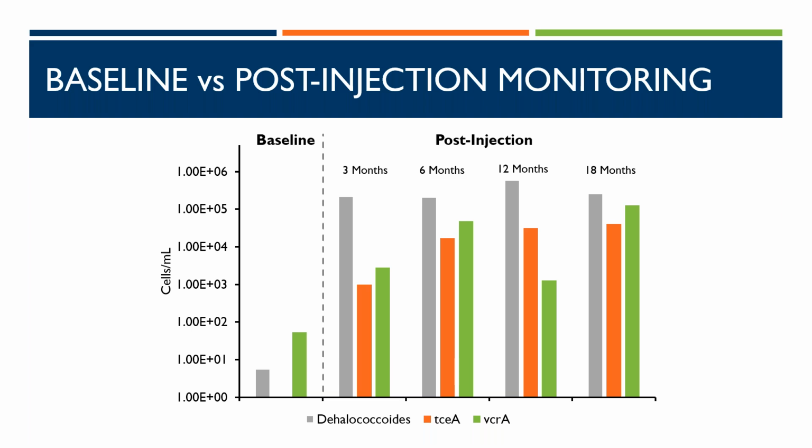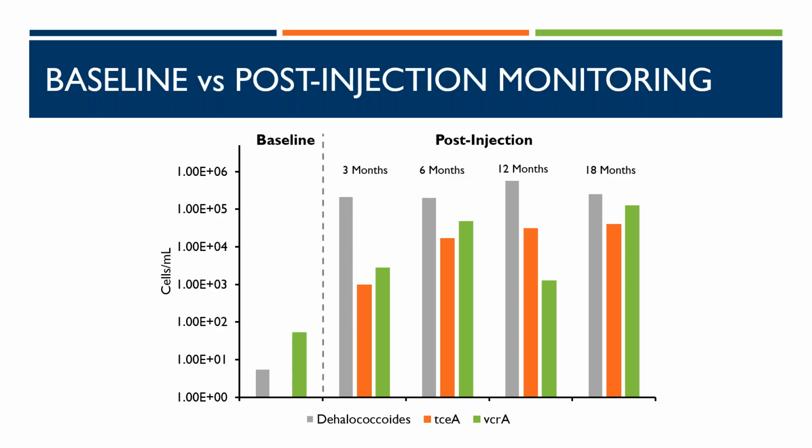And here's an example of baseline comparison at a site contaminated with chlorinated solvents. The site was being stimulated by electron donor addition, and we can use qPCR techniques to monitor the microbial populations to be sure that we're stimulating the organisms of interest. As you can see in the graph, Dehalococcoides is detected prior to injection, but at very low concentration.